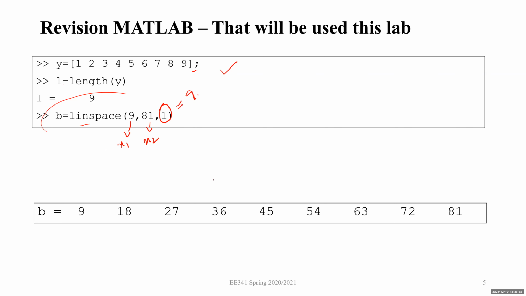So it will give me 9 samples starting from 9 up to 81, and it will make an increment of 9 between these two. Okay, in total it will give me 9 samples: 1 2 3 4 5 6 7 8 9. This is almost similar to the increment operator, but it gives more control on your output.